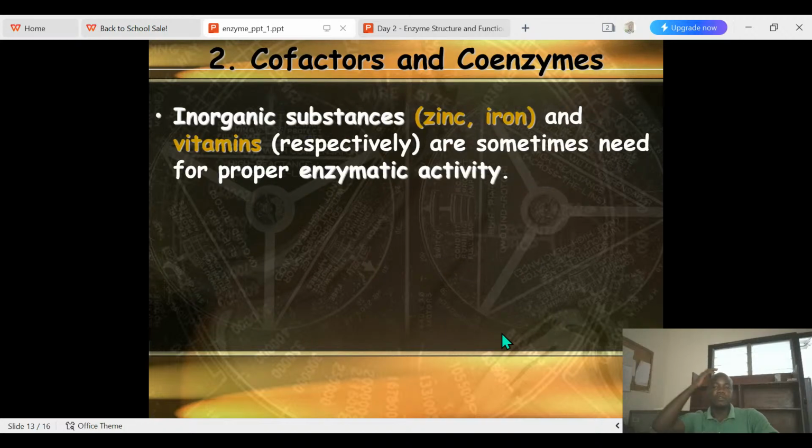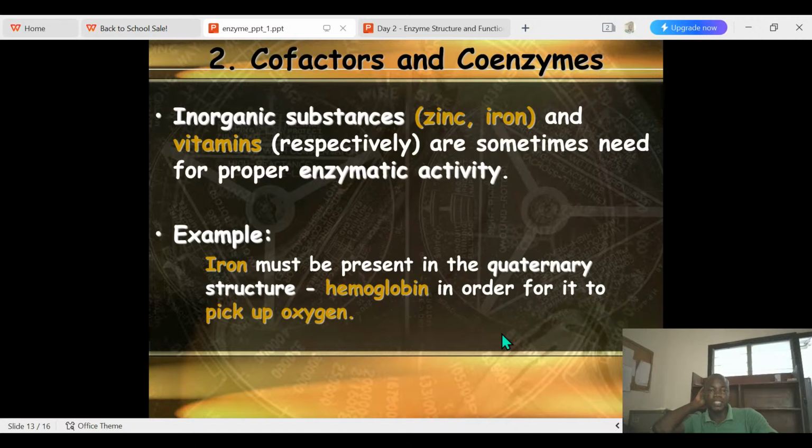So what are cofactors? We have cofactors and enzymes. Cofactors are inorganic substances like zinc or iron, and they are found in the enzymes.